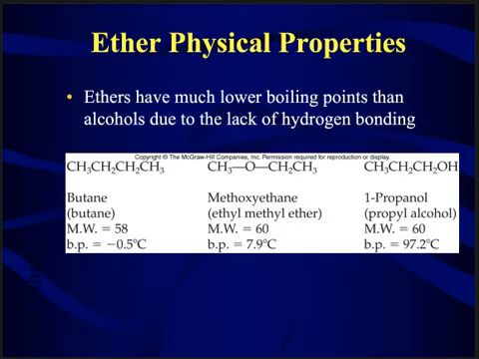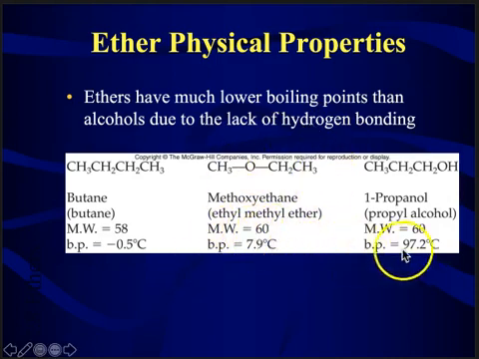If we look at the physical properties of ether and compare them to both a hydrocarbon chain and an alcohol group, which does have hydrogen bonding, the boiling point is much more similar to the hydrocarbon chain. Although it does increase it slightly, because there are a little bit more intermolecular forces since that oxygen does have a slight negative charge.